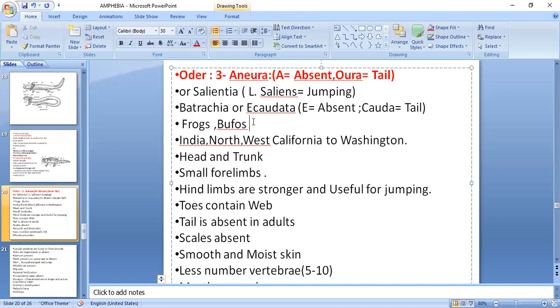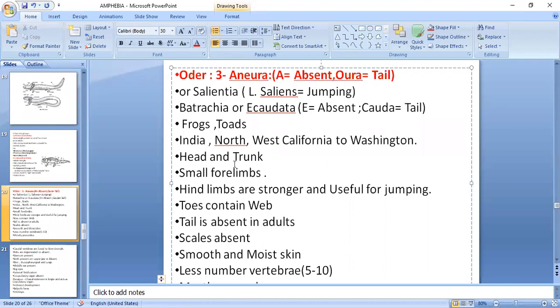So in this, frogs and Bufo, toads, are included. They are very commonly seen in India, and from Northwest California to Washington in America. So frogs are very common.